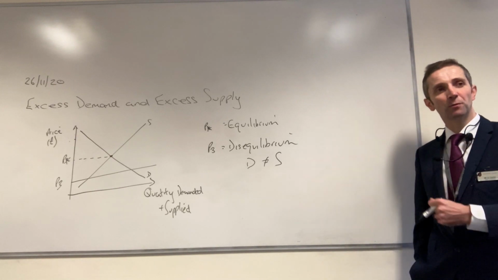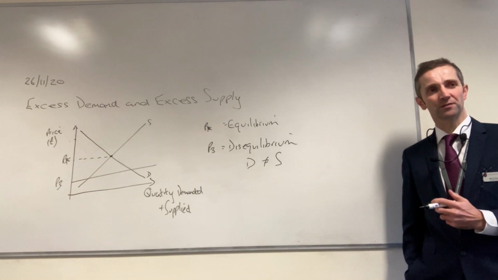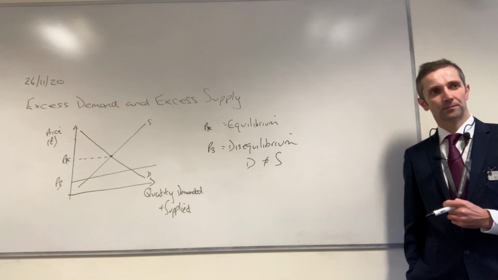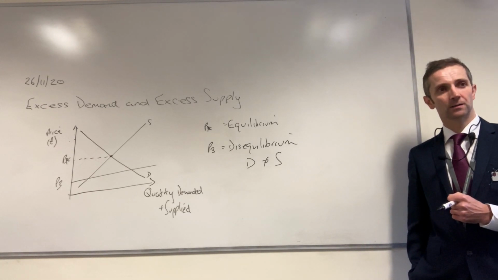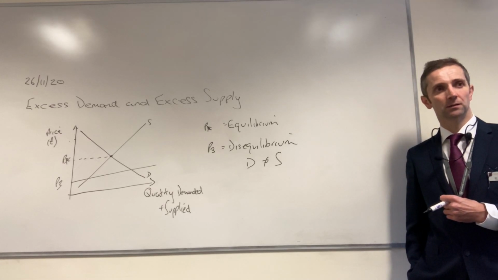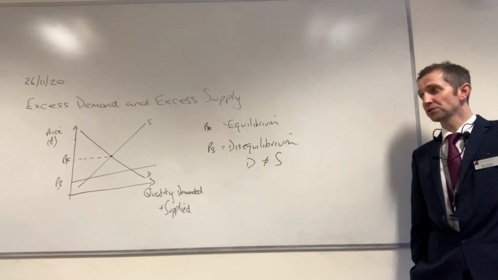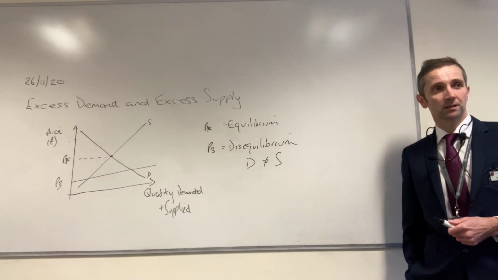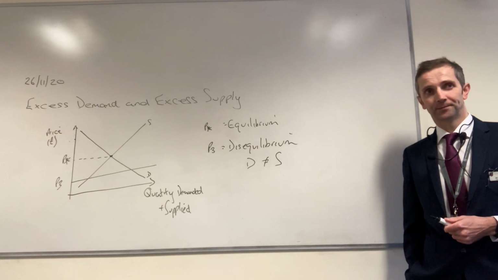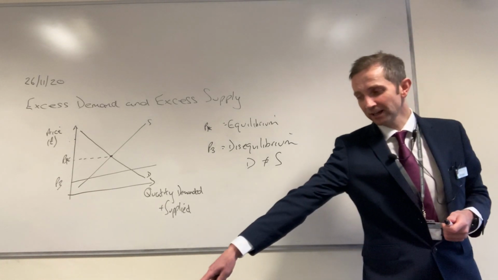Okay, so can you tell me where the quantity supplied is, first of all? Is it high or is it low? Okay, why? So if I said come up to the board, please. Right, so stand over there, 2 meters away.